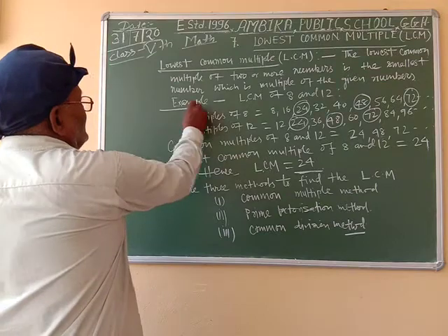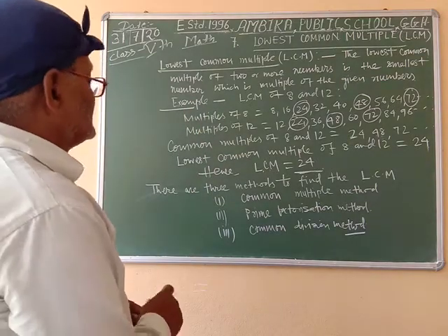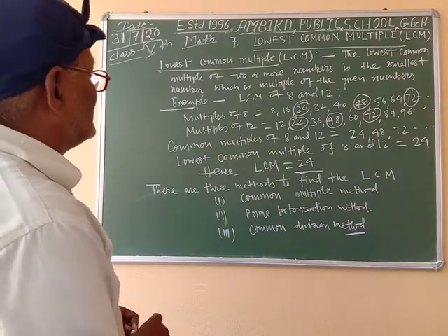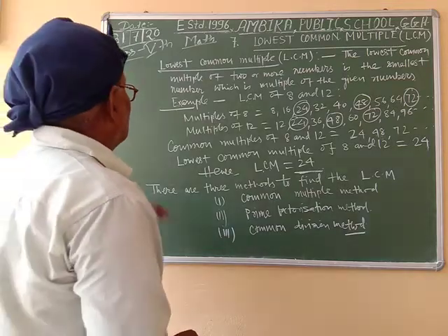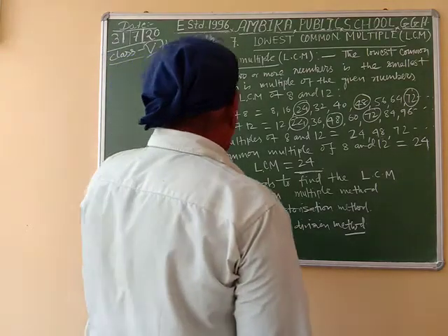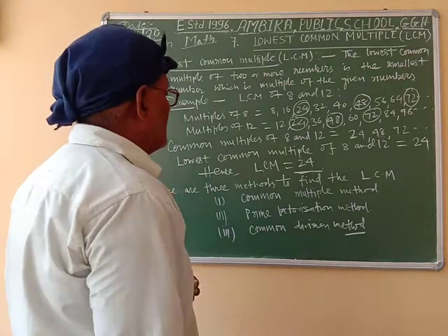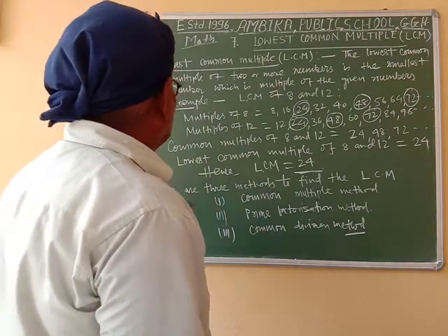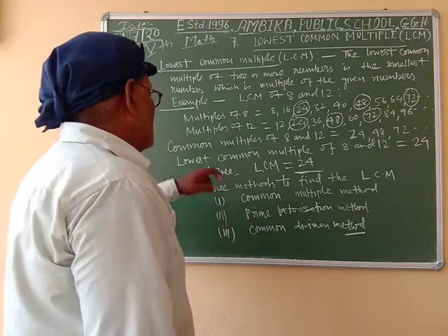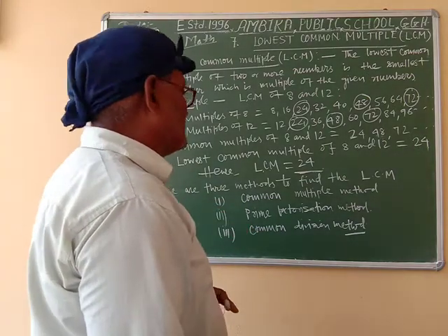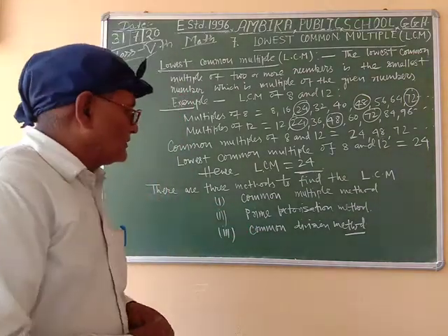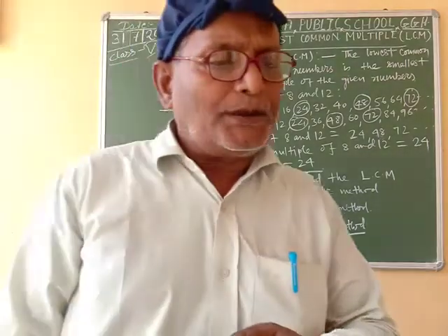The given example is solved by the common multiple method. There are three methods to find the LCM. First method is called the common multiple method, second method is called the prime factorization method, and third method is called the common division method.